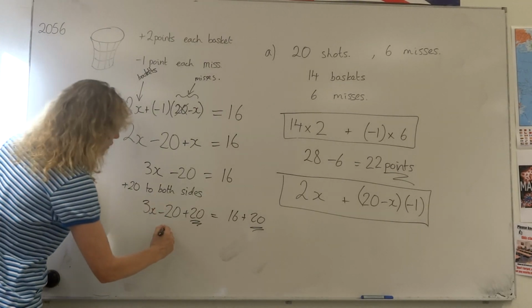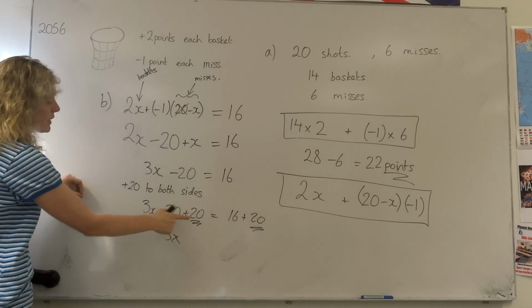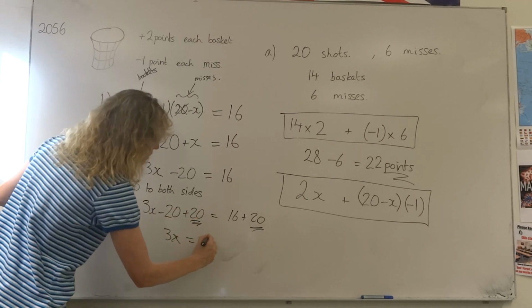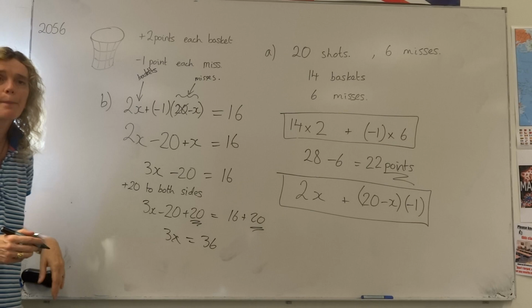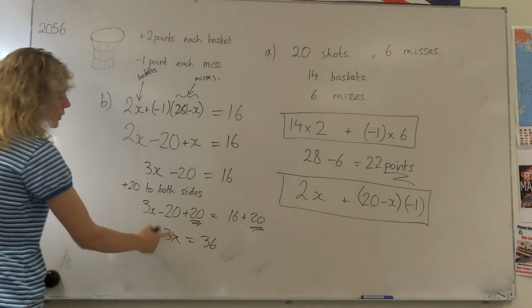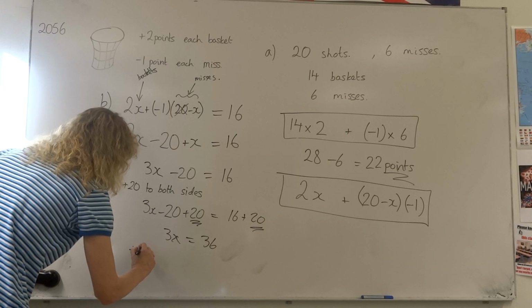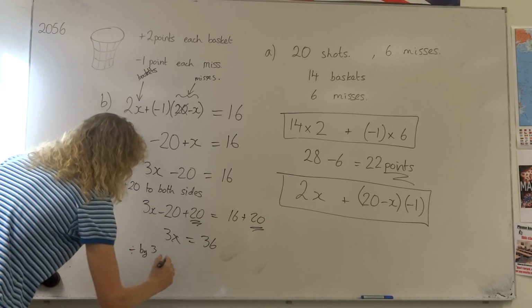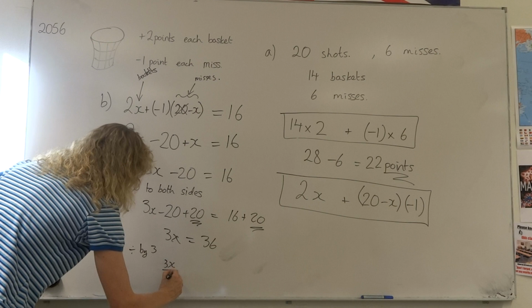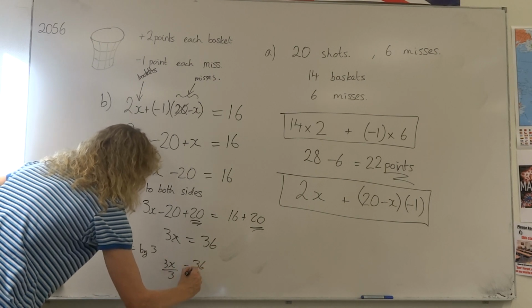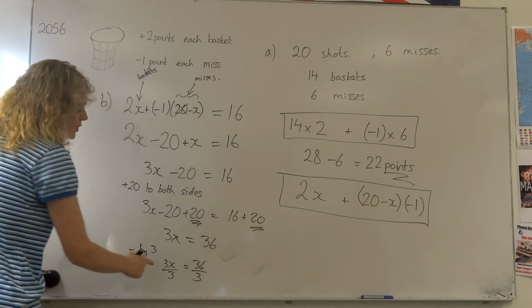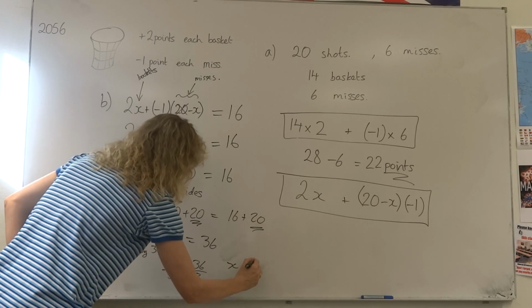So I now know that 3x, 20 minus 20 is 0, equals 36. Okay, now I don't want to know what 3 lots of x are. I want to know what 1 lot is. So I divide both sides by 3. 3x divided by 3 equals 36 divided by 3. So x equals 12.